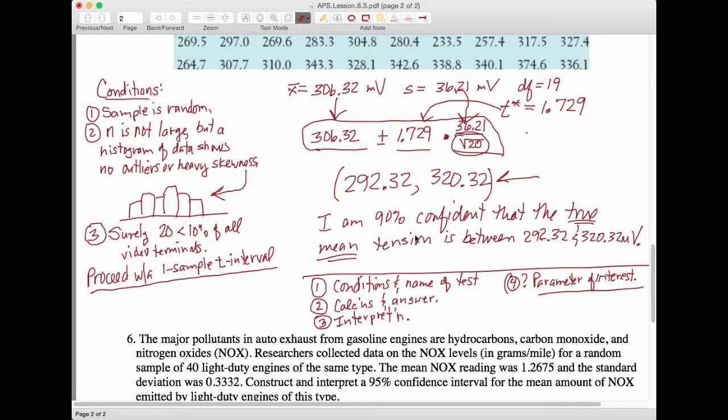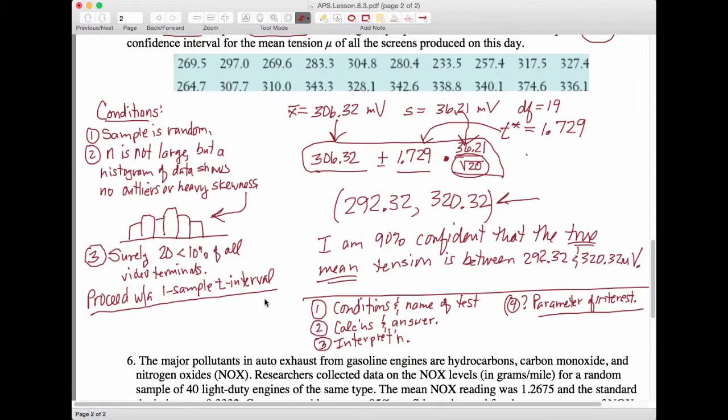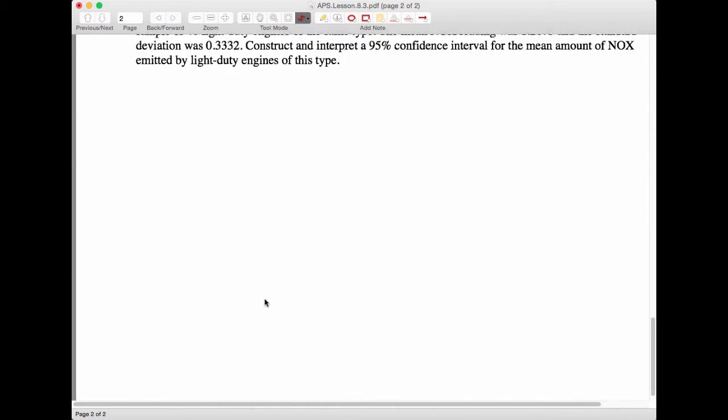So the parameter of interest will be clear in your conclusion if you write that well. It wouldn't be a bad idea, I suppose, to get into the habit of saying that at the very beginning, that we are trying to estimate the mean tension on these video terminals.